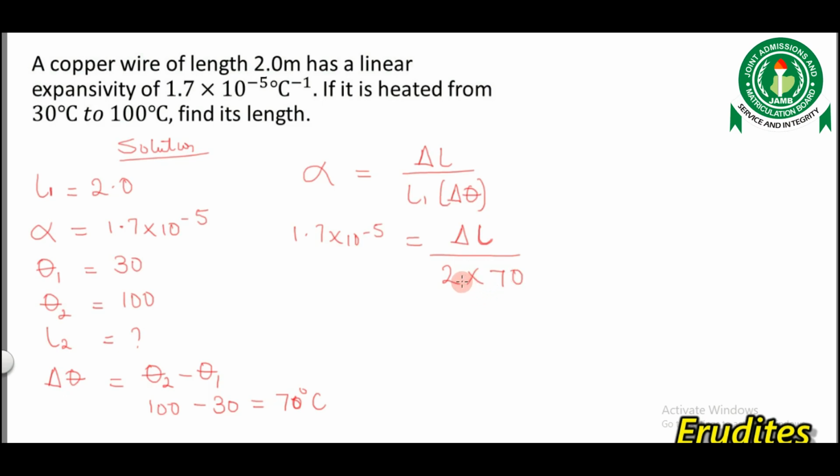So having done this, the next thing that you want to do is to cross multiply. This is like 1.7 times 10 raised to the power of minus 5 over 1. So my change in length, delta L, will be equal to 1.7 times 10 raised to the power of minus 5 times 2 times 70, which is 140.